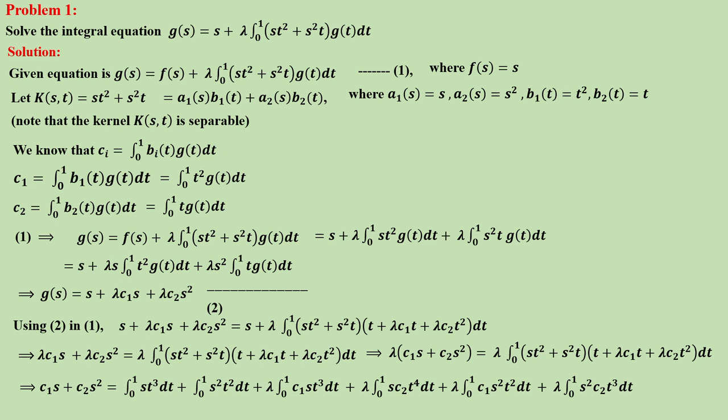Next we are multiplying c1 lambda c1 t into s square t, so you will get c1 s square t square dt, then the remaining term plus lambda into integral 0 to 1 of s square c2 t cube dt.